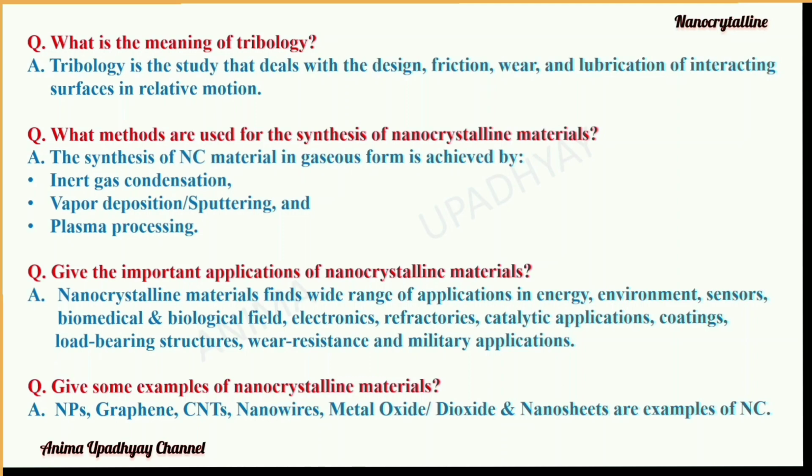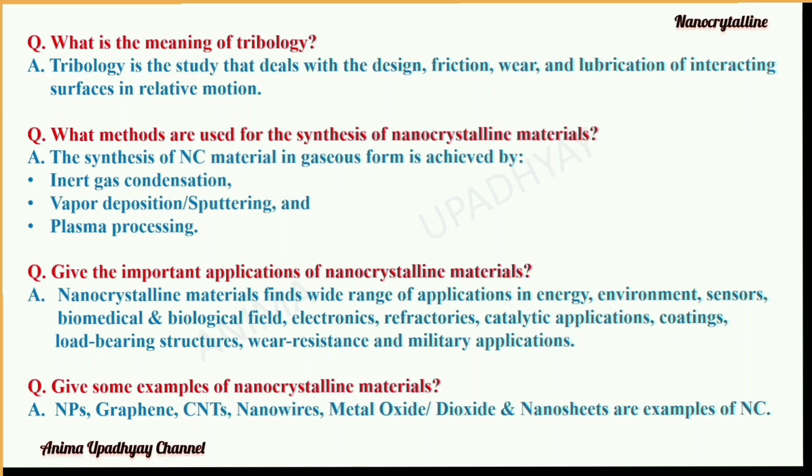Give the important applications of nanocrystalline materials. They find a wide range of applications in energy, environment, sensors, in biomedical and biological fields, electronics, refractories. Catalytic applications are many, as coatings, in load-bearing structures, wear resistance and in military applications.